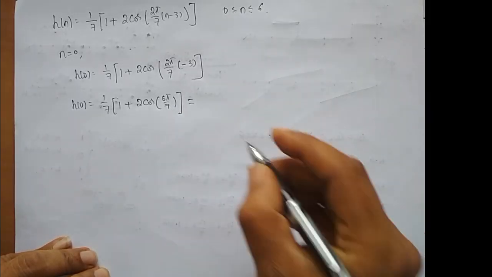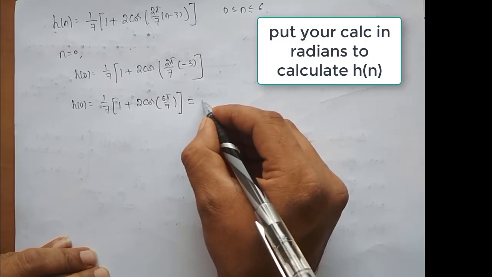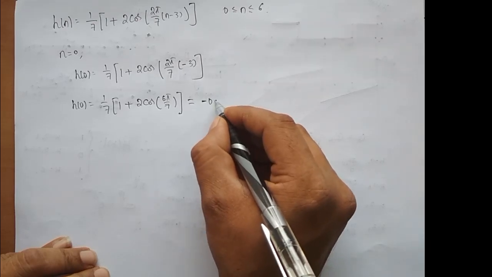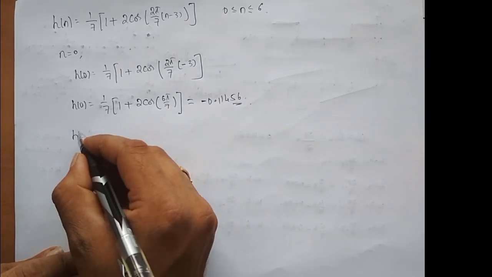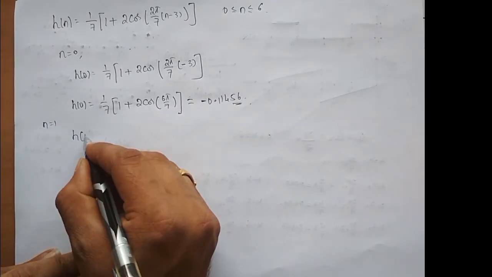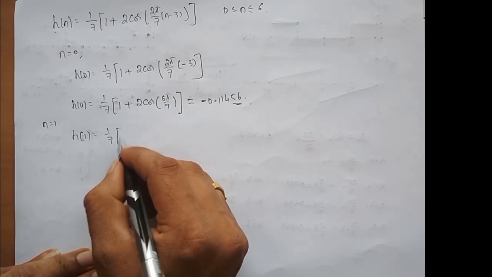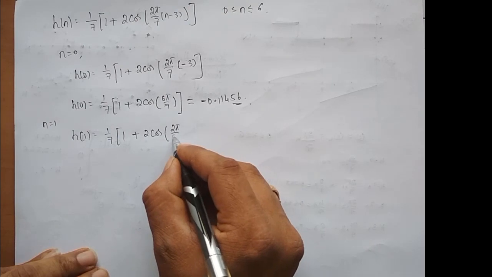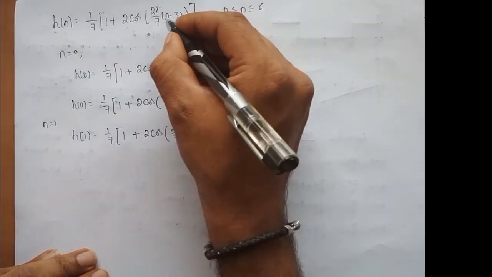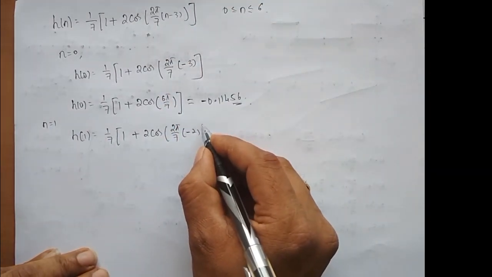So this ends up with minus 0.11456. Okay. Now for n equal to 1, h of 1 is equal to 1 by 7 times 1 plus 2 times cos of 2 pi by 7 into minus 2, because 1 minus 3 is minus 2.